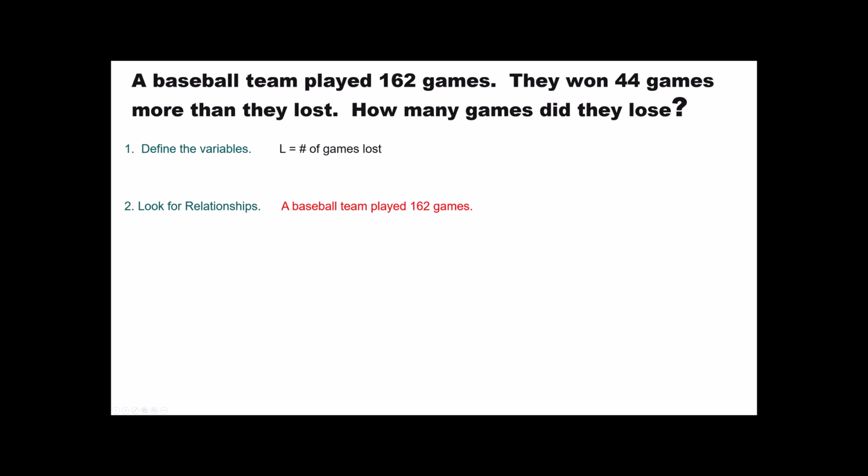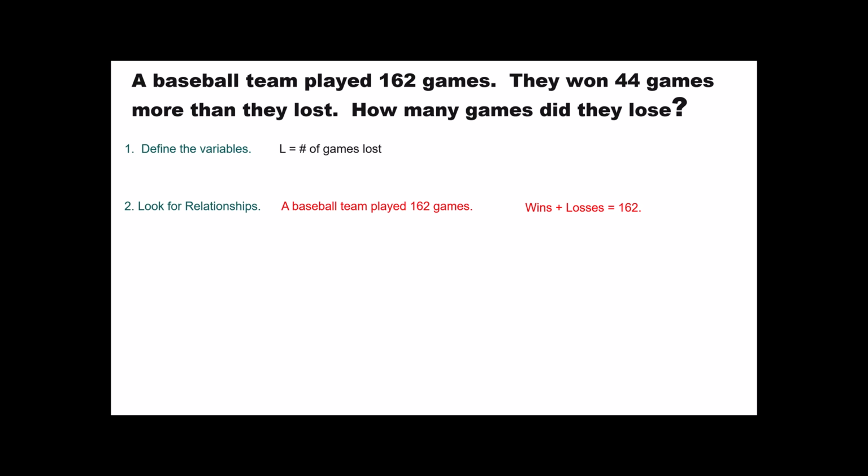But this actually does give us a relationship, particularly when we think about the variable L, losing, because the total number of games you play should be the sum of your wins and losses. Now this of course is assuming that there are no ties, but the problem doesn't make any mention of ties, so we're for now going to assume that there are no ties. So our wins combined with our losses should total 162 games.